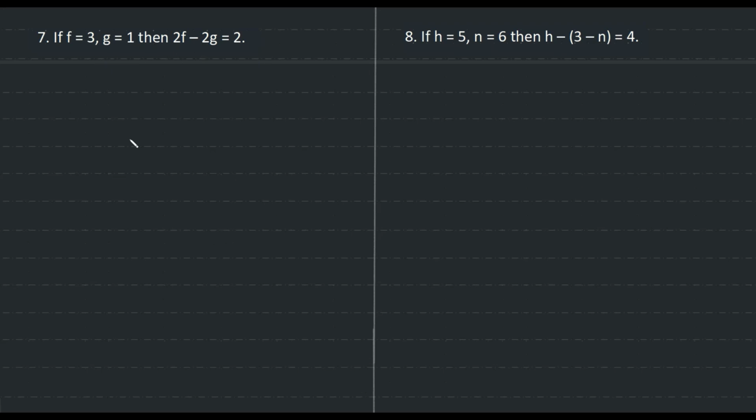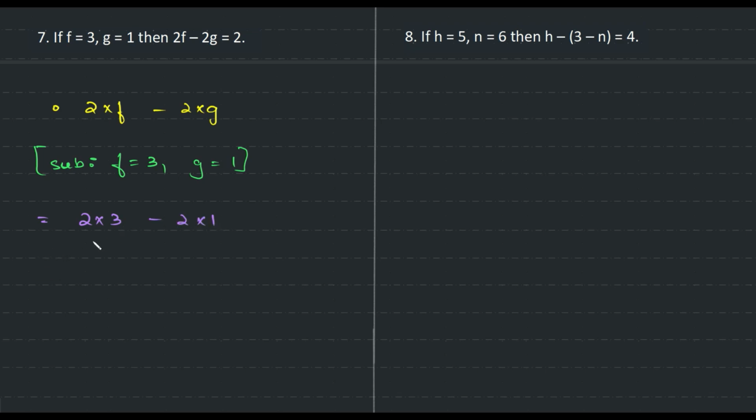So for the sake of substitution, let me actually solve this for you guys. So you have 2 times of f minus 2 times of g. And we are substituting. See, I left a space because it looks congested if I write anything below this line. So f as 3 and g as 1. So again, I'm leaving a line. So 2 times of 3 minus 2 times of 1.